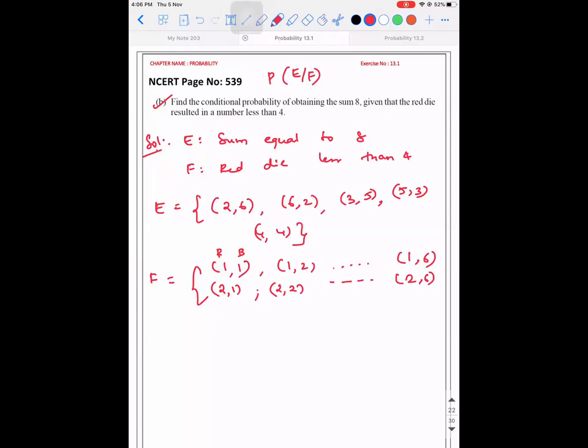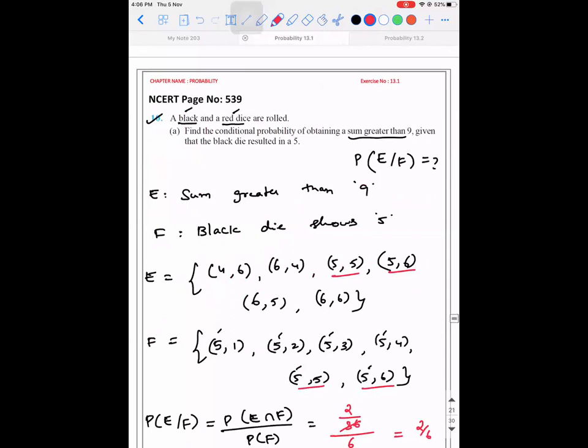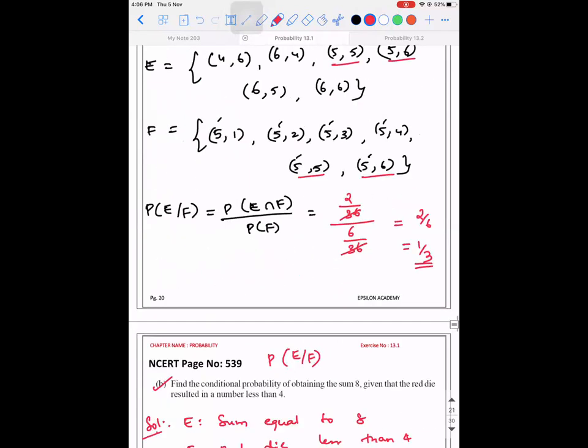But which is rolled first? That is what I want to know. I'm sorry, I missed the question: a black and a red die are rolled.